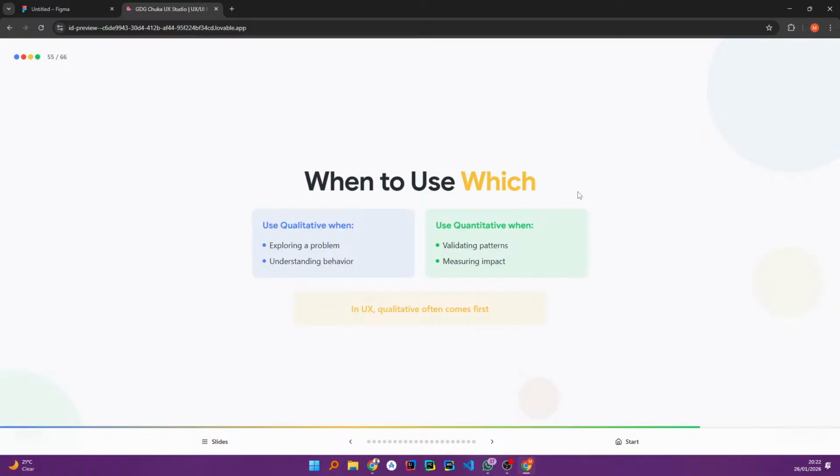Now, when do we use quantitative research? We use quantitative research when we want to validate patterns. These are just a few examples, but there are more. There is validating patterns and also measuring impact.